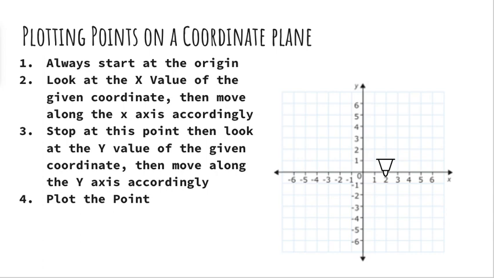Once you get to your y value, positives are up, negatives are down, you plot your point. Put a dot, label the point, and you're done. You've plotted your point on the coordinate plane. I hope that makes sense for you guys. Please go ahead and give it a try.